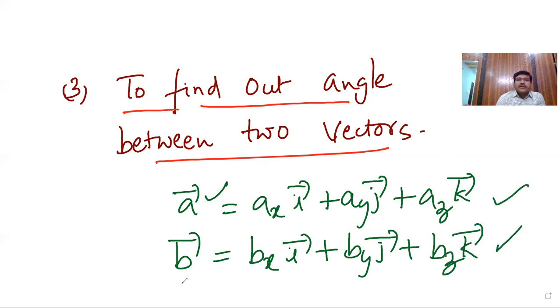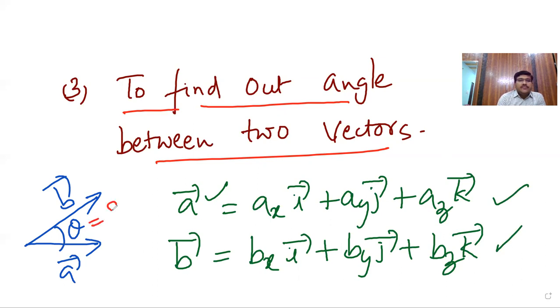Two vectors are given. To find the angle between them, observe carefully. This is one vector, A bar. This is another vector, B bar. Theta is the angle between them. We need to find what this theta is.